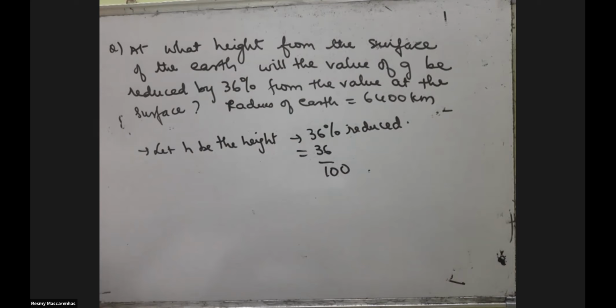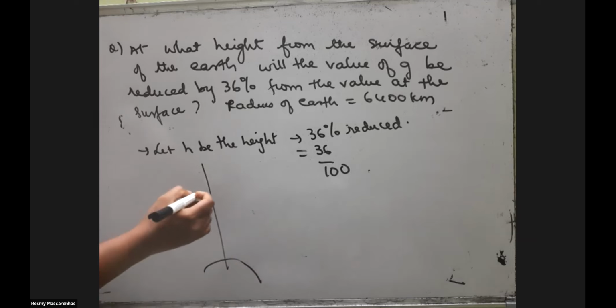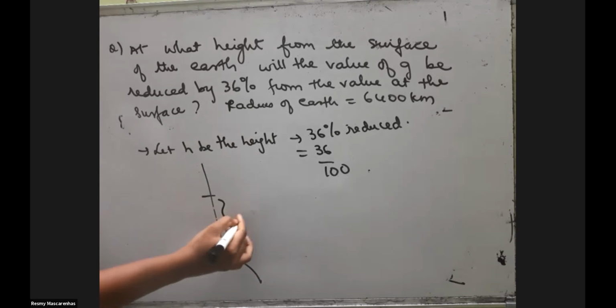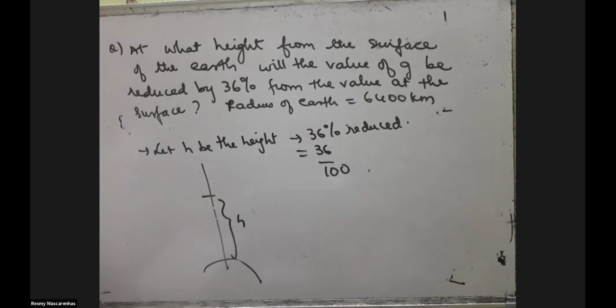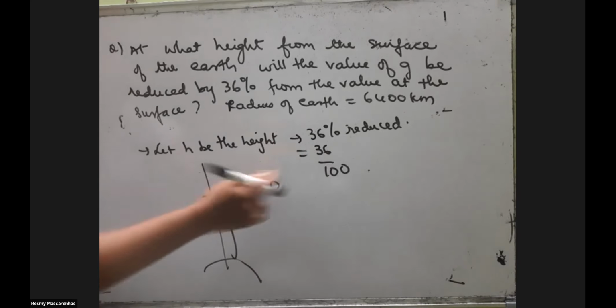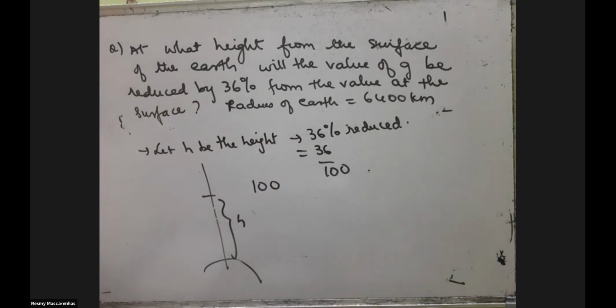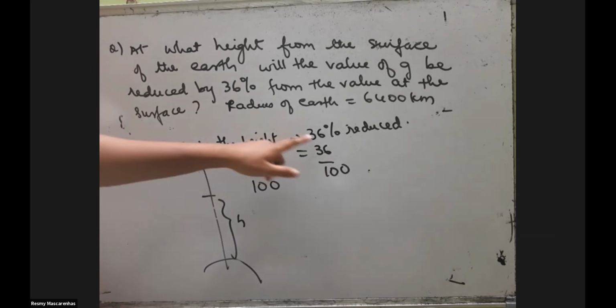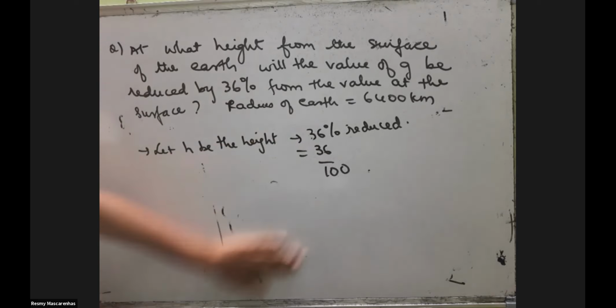So reduced means what? From the surface of the earth till a certain height. If it is reducing by 36, how much will be the actual value? Suppose 100 was the original. Out of that, 36 is gone. So basically the remaining out of 100% will be the actual value. How much will remain if 36 is reducing?